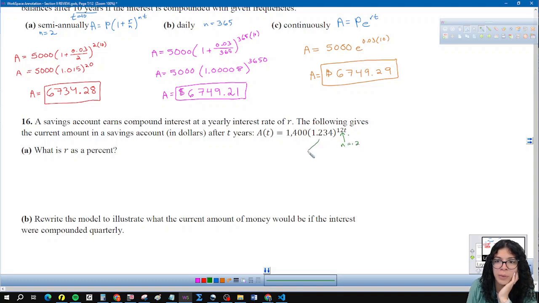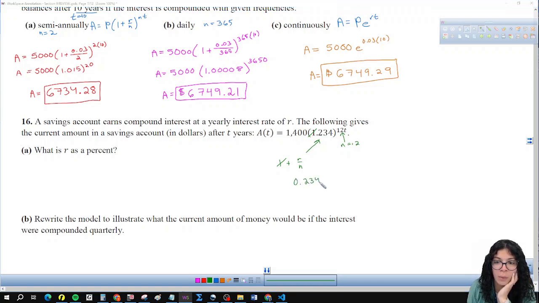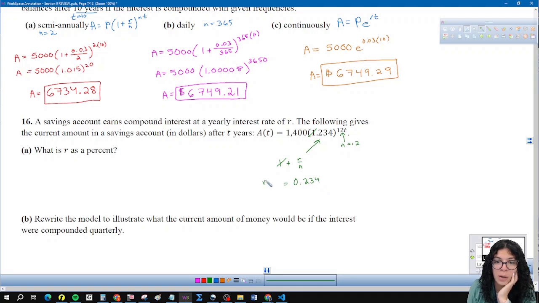Remember that the formula is 1 plus the rate over N. So this 1 is a part of the 1 here. And so that tells us that the rate divided by N, which is 12, is the 0.234. So this was the yearly rate divided by 12.